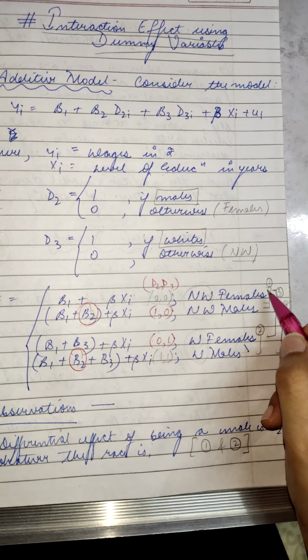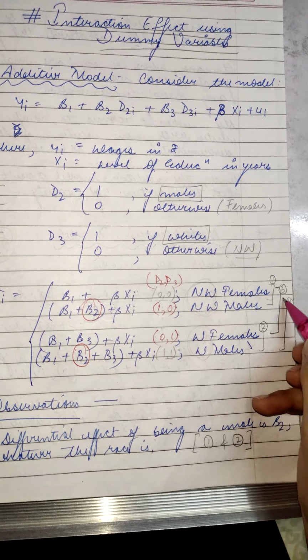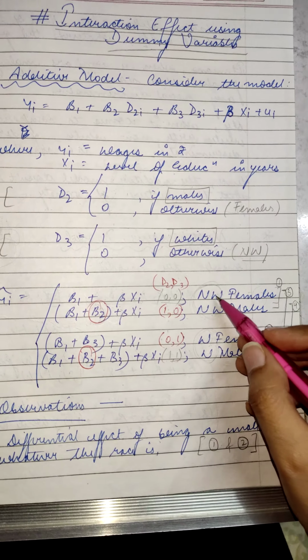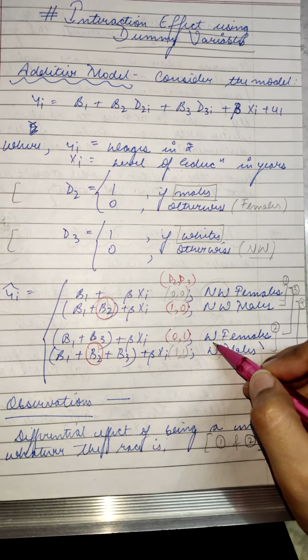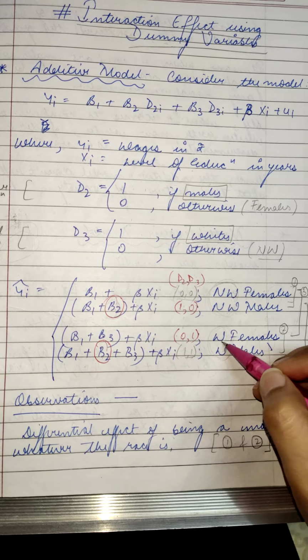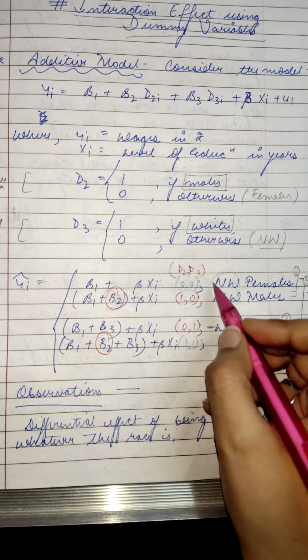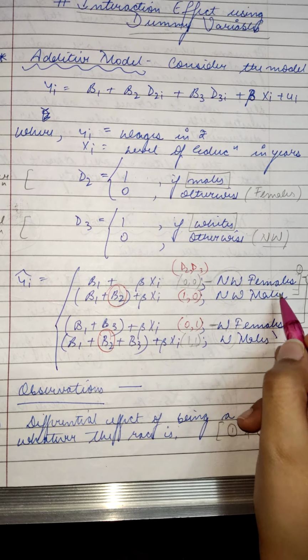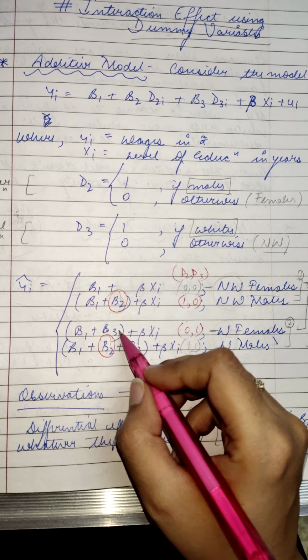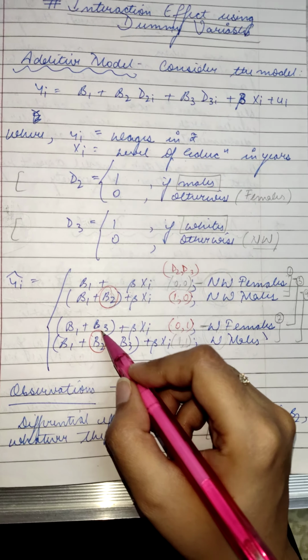So coming to my third comparison sequence, the differential effect of being a white. You have to tell the differential effect of the category receiving the value 1. So the differential effect of being a white is, compare this regression with this regression because females are constant. I see beta 3.